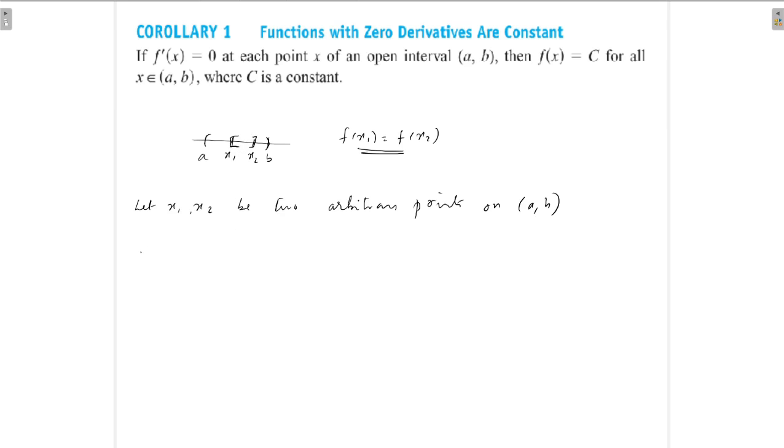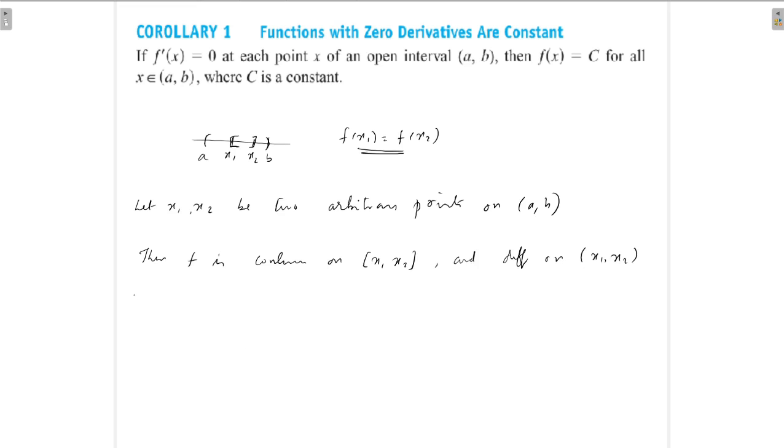Then we can say that f is continuous on [x1, x2], the interval x1 x2, and differentiable on the open interval (x1, x2).